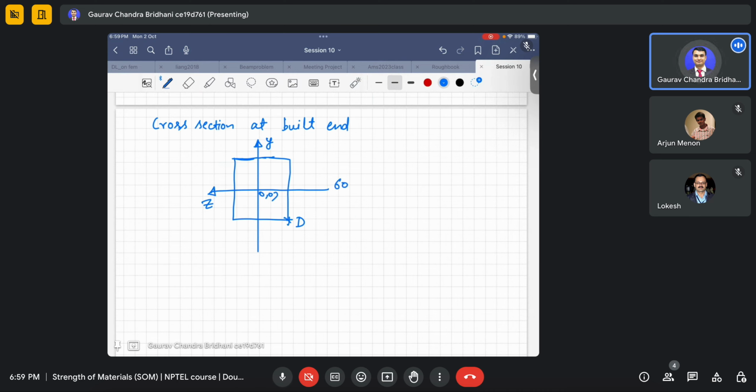This is 60 mm, this is 40 mm. This is the positive quadrant for both, positive y and positive z. Here negative y, positive z. Here positive y, negative z, and here both are negative. That means we have to write the y, z of this point. So y will be what?